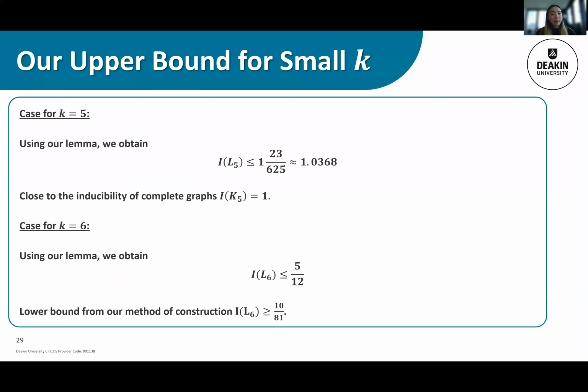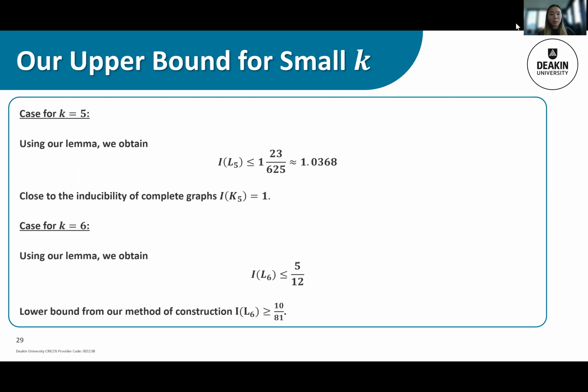All right. So for the last few parts of the talk, we're going to talk about the results. We've looked at some upper bounds for small k of the double loop graph. In the case of k equals 5, as we've seen from the previous example, we get a complete graph.